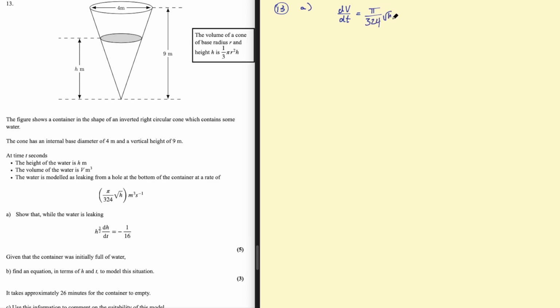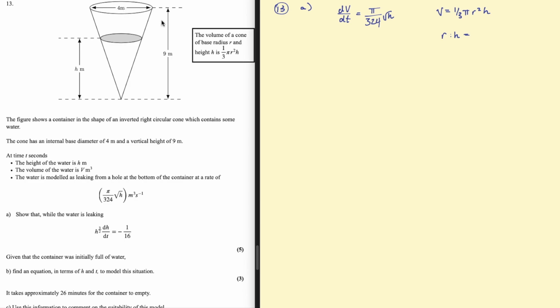This is root h. We also have the volume based on this formula. So V equals a third pi r squared h. And that's actually all we really have. The other detail, the tricky detail here that I think is the hardest to spot, is we have the ratio of the radius to the height.